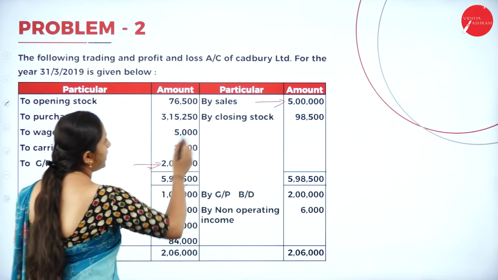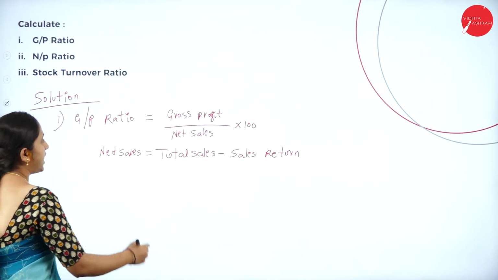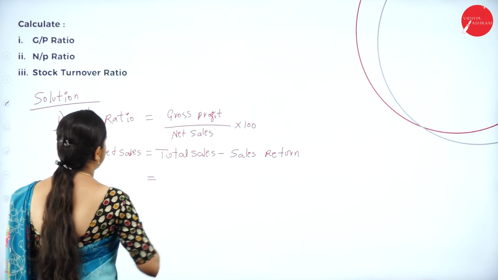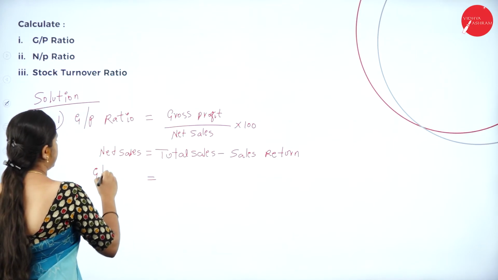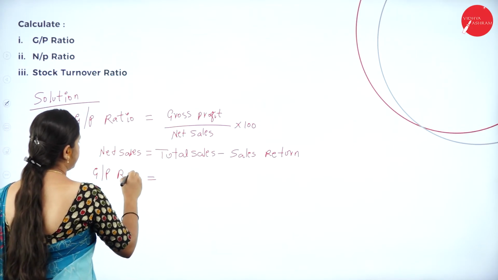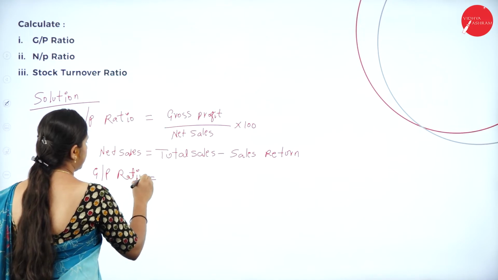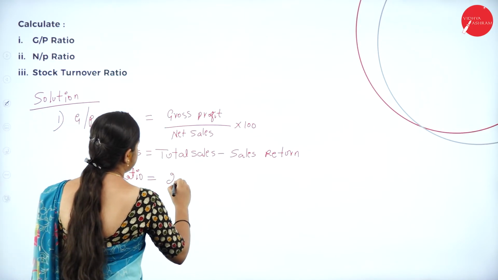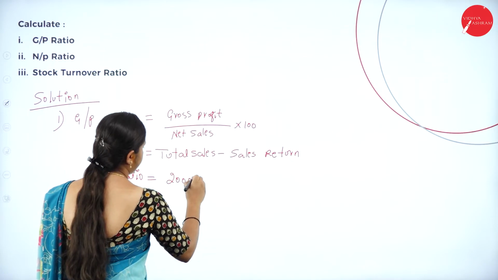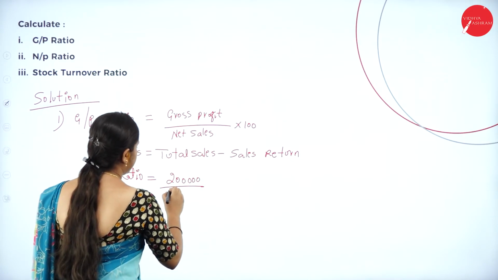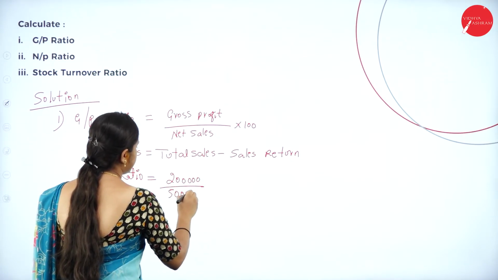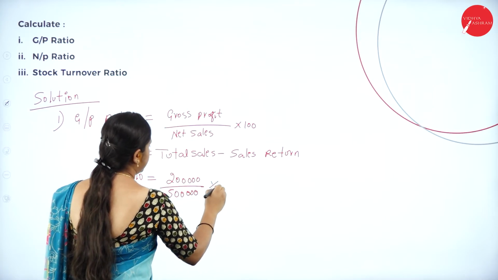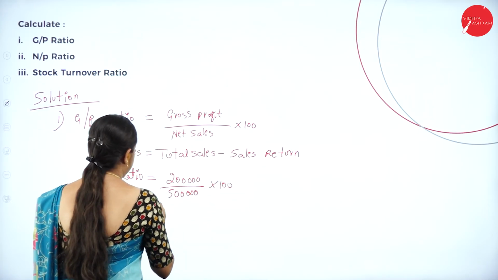2 lakh divided by 5 lakh. 2 lakh is gross profit. Just write gross profit ratio. Gross profit is 2 lakh divided by net sales, net sales is 5 lakh into 100.